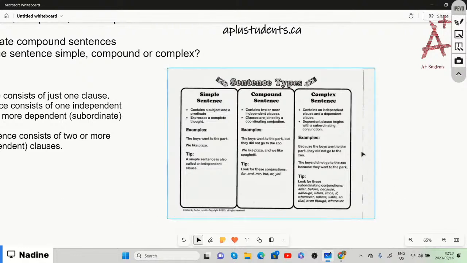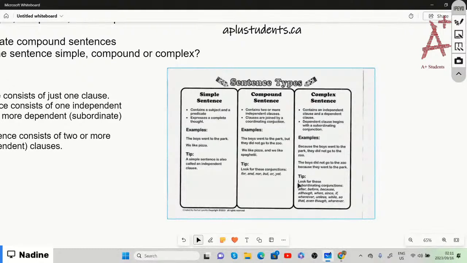So if we look at the example, remember we said that it needs to begin with a subordinating conjunction. An example is: Because the boys went to the park, they did not go to the zoo. So because they went to the park, they did not go to the zoo.